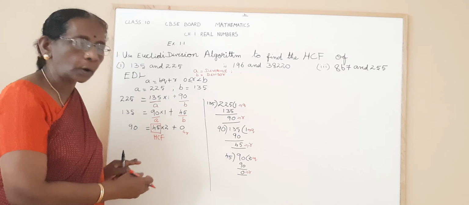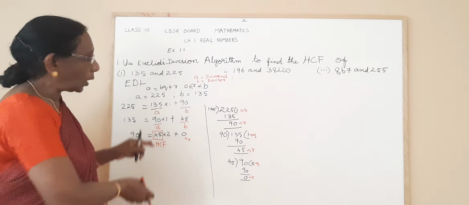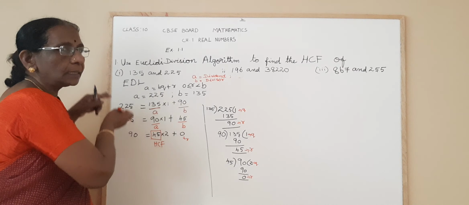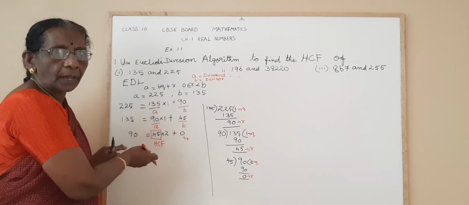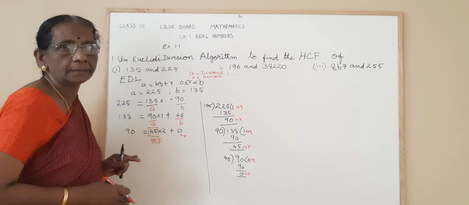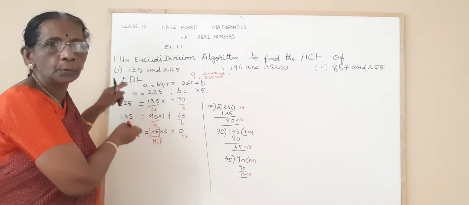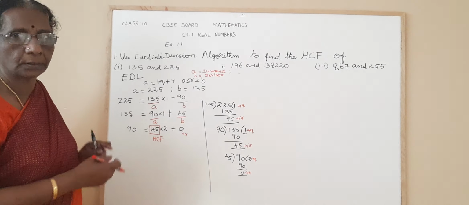And the highest common factor is 45. So these 3 steps, a series of steps, give a procedure to find the highest common factor of the given numbers. So we have used Euclid's division algorithm to find the highest common factor.